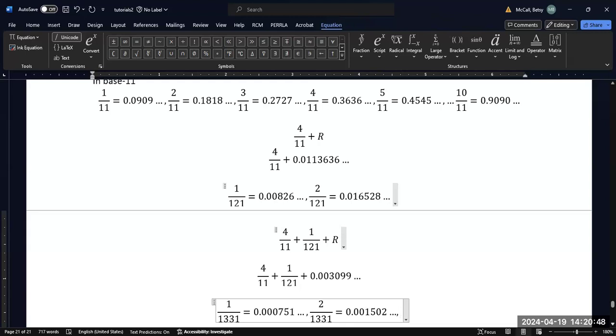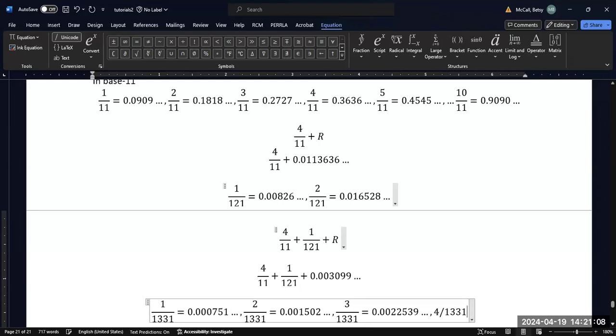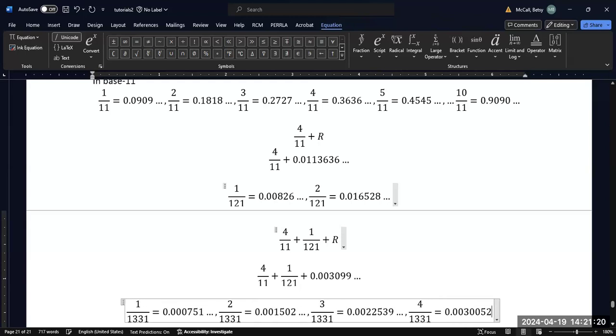And 3 divided by 1331 is 0.00222539... And then 4 over 1331 is 0.0030035 and so on.